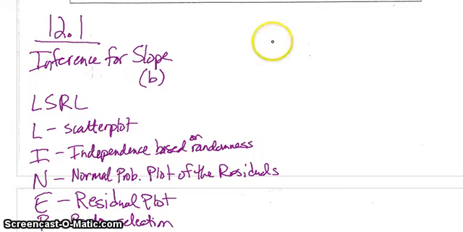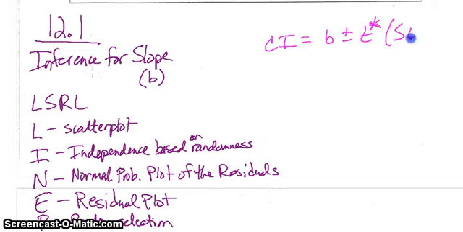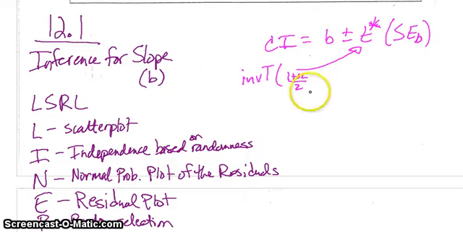Then we have our confidence interval, and it is b plus or minus t critical times SE sub b. Right? So we're going to remember that we've got inverse t, 1 plus confidence level divided by 2, comma, degrees of freedom. Degrees of freedom is n minus 2 here.